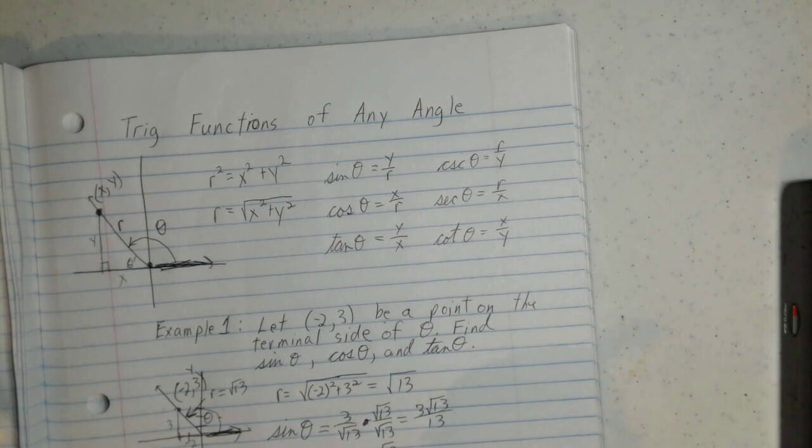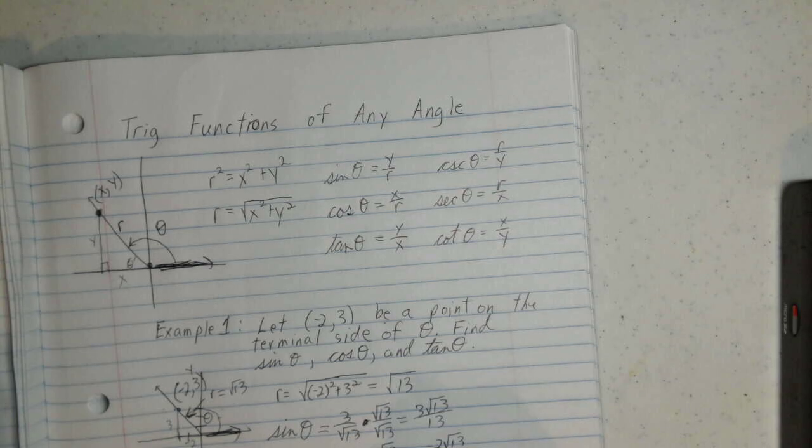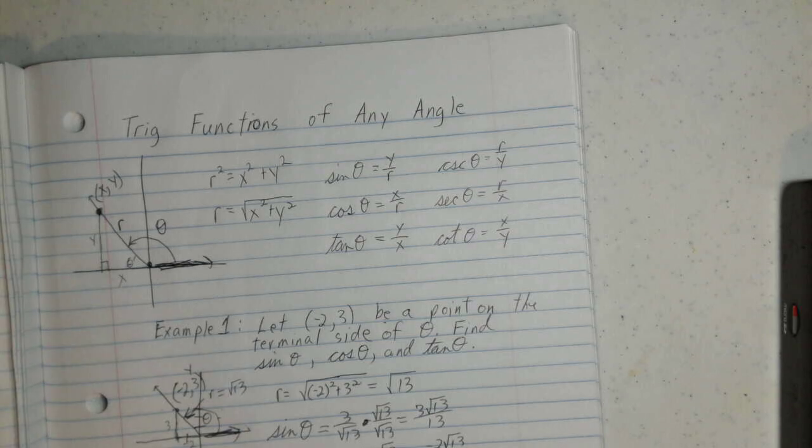I'm going to rationalize the denominator, and I get negative 2 radical 13 over 13. And then the tangent of theta is the y, which is the opposite over the hypotenuse. No, it's opposite over adjacent. Y over x, 3 over negative 2, negative 3 halves. Okay.